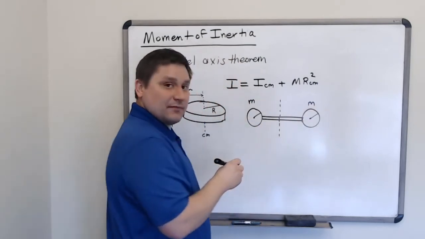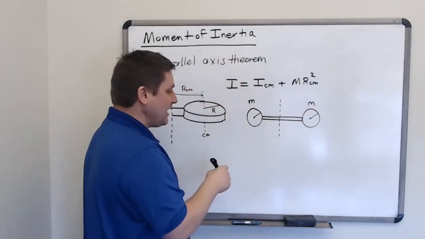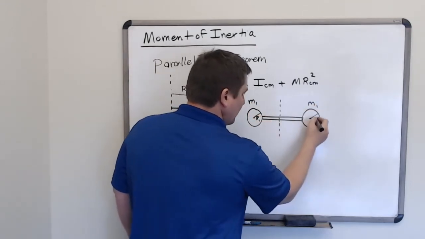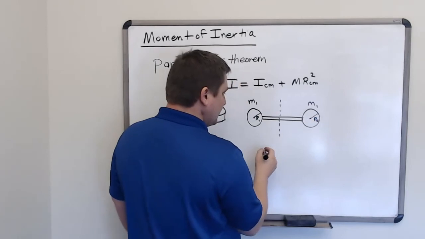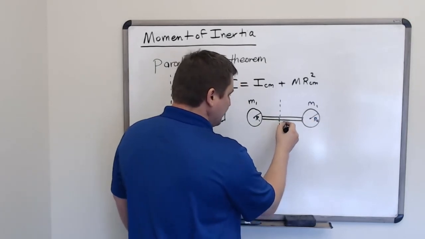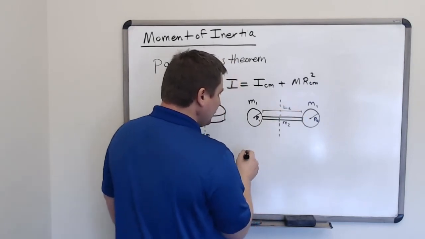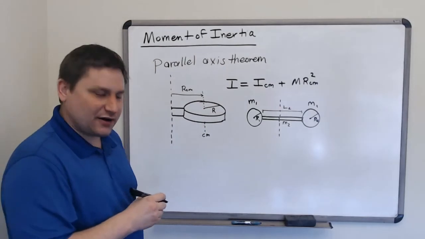So if each sphere had a mass of m1 and a radius of r1, and the rod had a mass of m2 and a length of L2, then what would our moment of inertia be?